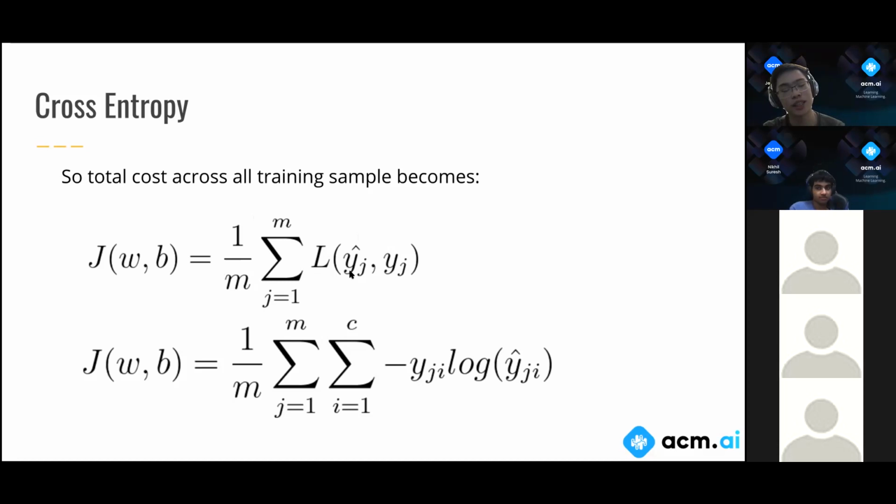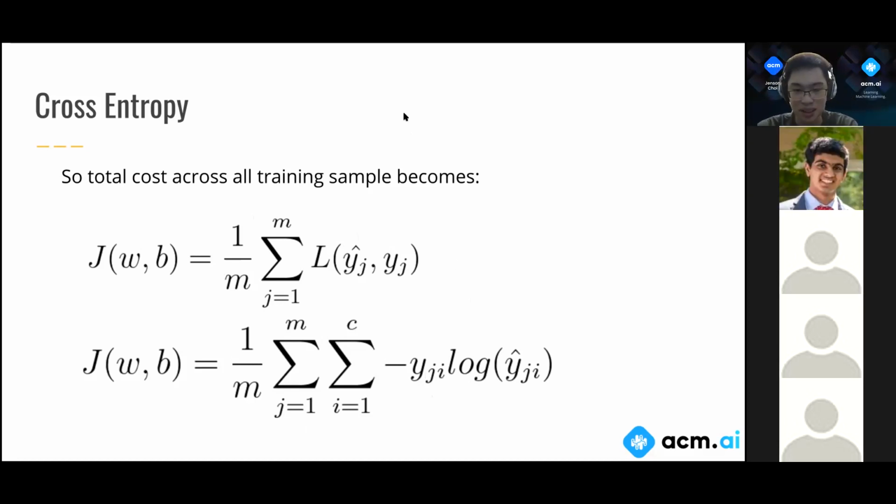We're taking the per-sample cost, which is the L here, and averaging it across all the training samples, and then we get J. We expand this out and get something like this. Don't worry about the subscripts too much if they're confusing. Since you now understand how cross entropy works, this should be easy to understand.